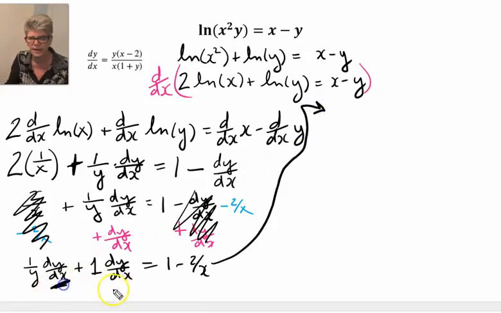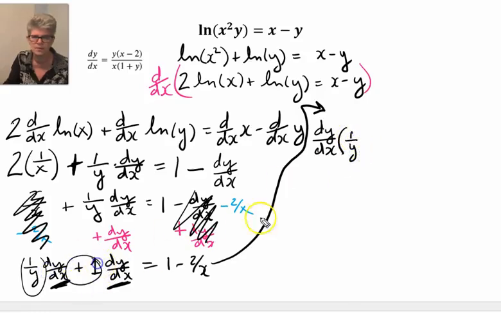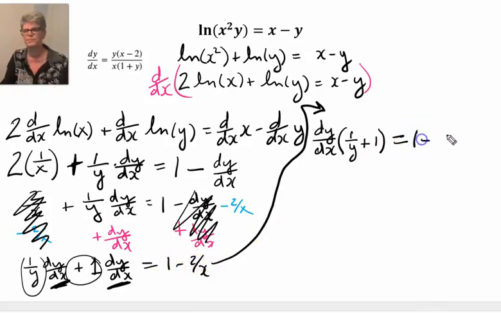Now, I'm going to factor out the dy/dx terms. And I'm going to be left with 1 over y plus 1, equals 1 minus 2 over x.